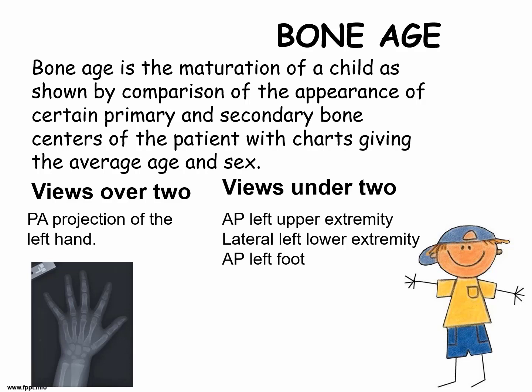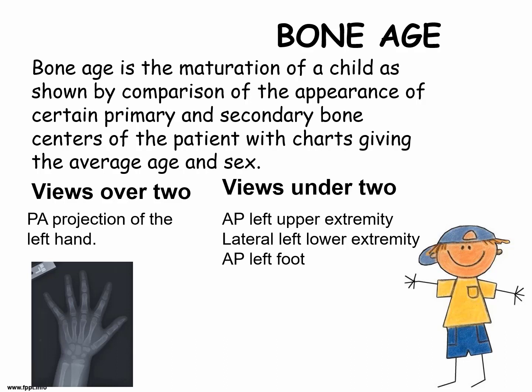As we all know, children have epiphyseal or growth plates in their skeletal system. When we want to judge the maturation or the age of a child, we need to do a comparison of their growth plates to other children of the same sex and same age to get an idea of, are they growing correctly for their age?